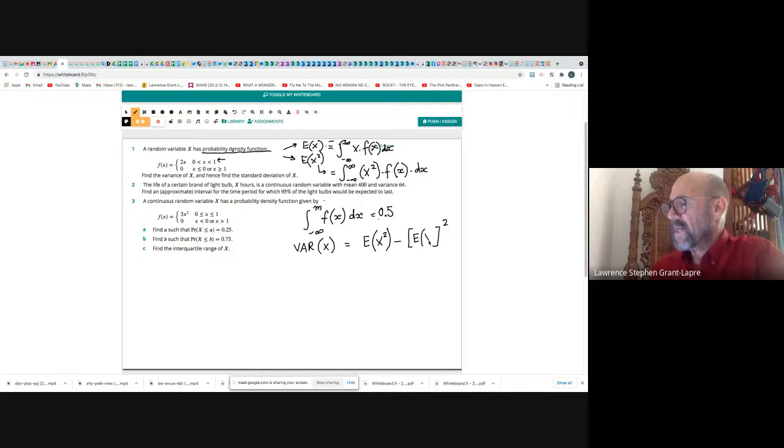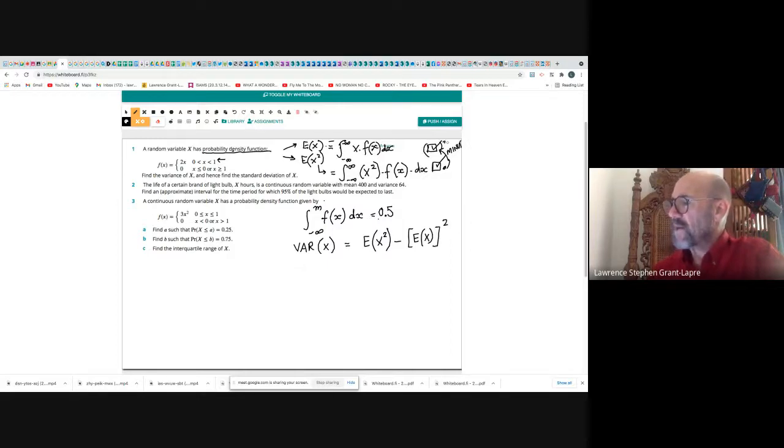So to get the variance, we have to do both the expected value of x and the expected value of x squared, then subtract: this one minus that one squared.